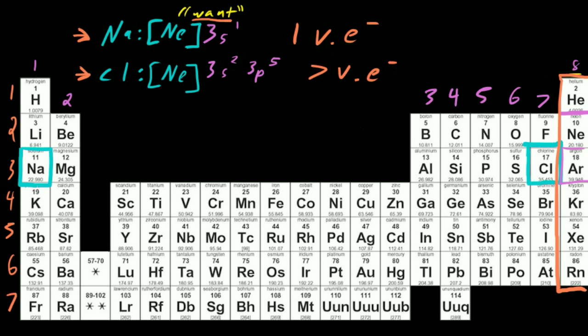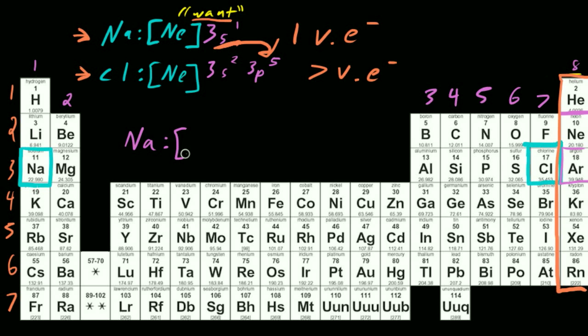Well, if there was some way that sodium could essentially give this electron, and let me do this in orange, if there was some way that sodium could give this electron to chlorine, then what would happen? Well, if that happened, our sodium atom loses an electron, it would have the same exact electron configuration as neon, and it wouldn't have any extra electrons.